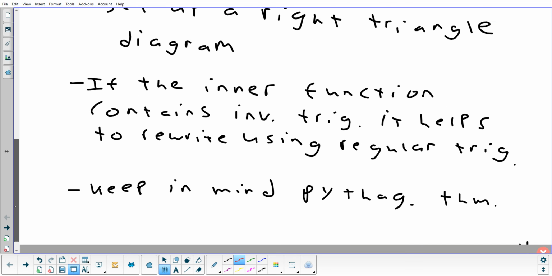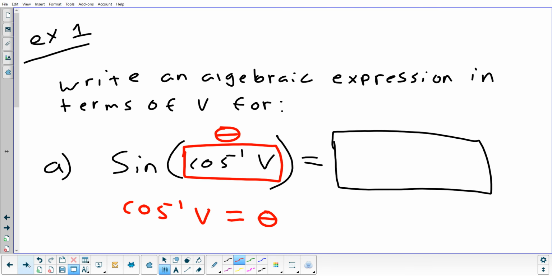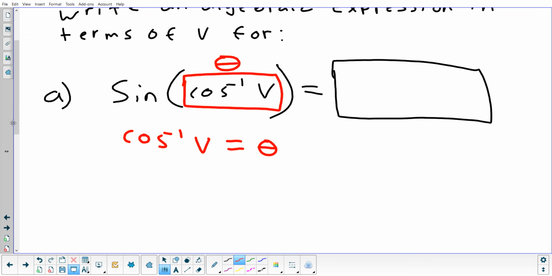Now, it says to rewrite the inner trig function in terms of regular trig. So what I would like to do is cancel out this inverse cosine. And what function will cancel out inverse cosine? Yeah, cosine, just the regular cosine. So the verb here is take.